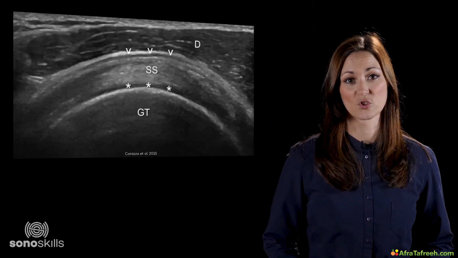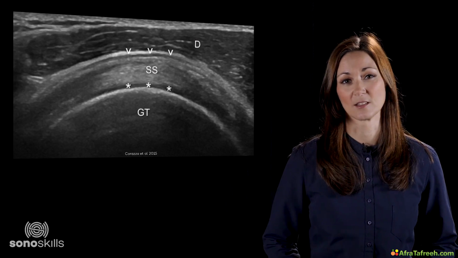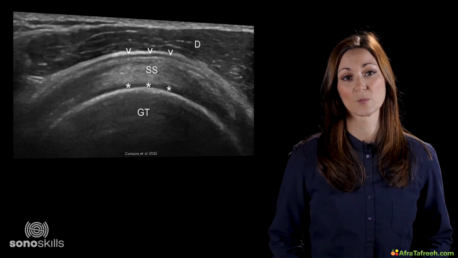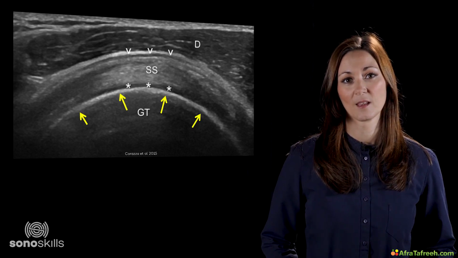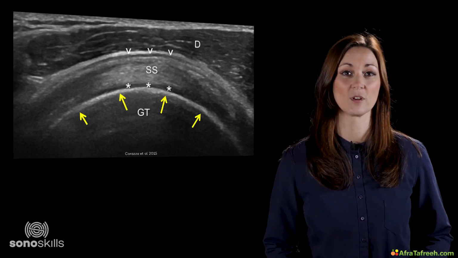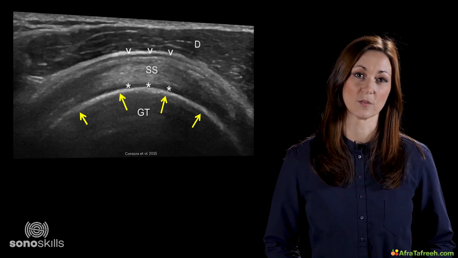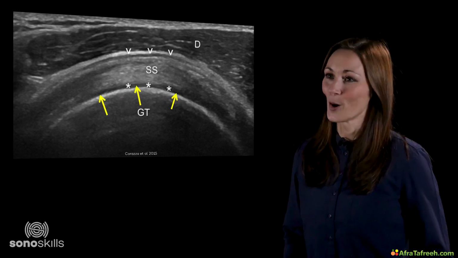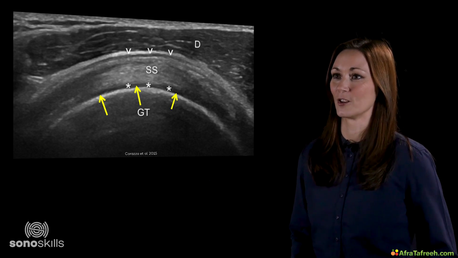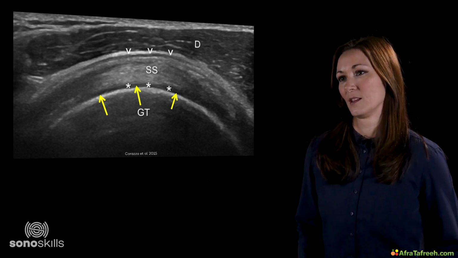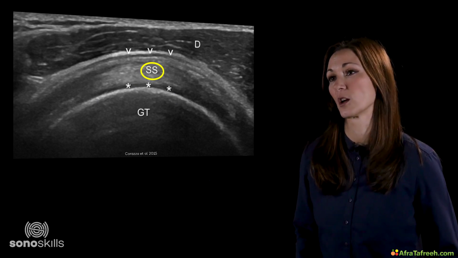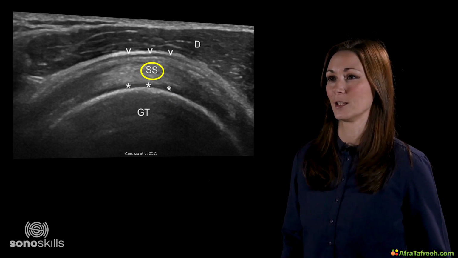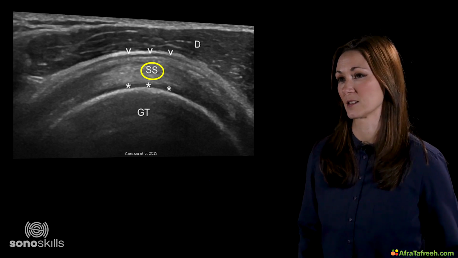This is the transverse short axis of the supraspinatus tendon. Please note that the supraspinatus looks like a tyre on a wheel. Ultrasound visualises the hyperechoic cortex of the humeral head, the hypoechoic hyaline cartilage and the synovial fluid, the transverse short axis, hyperechoic supraspinatus tendon, indicated with the letters SS.